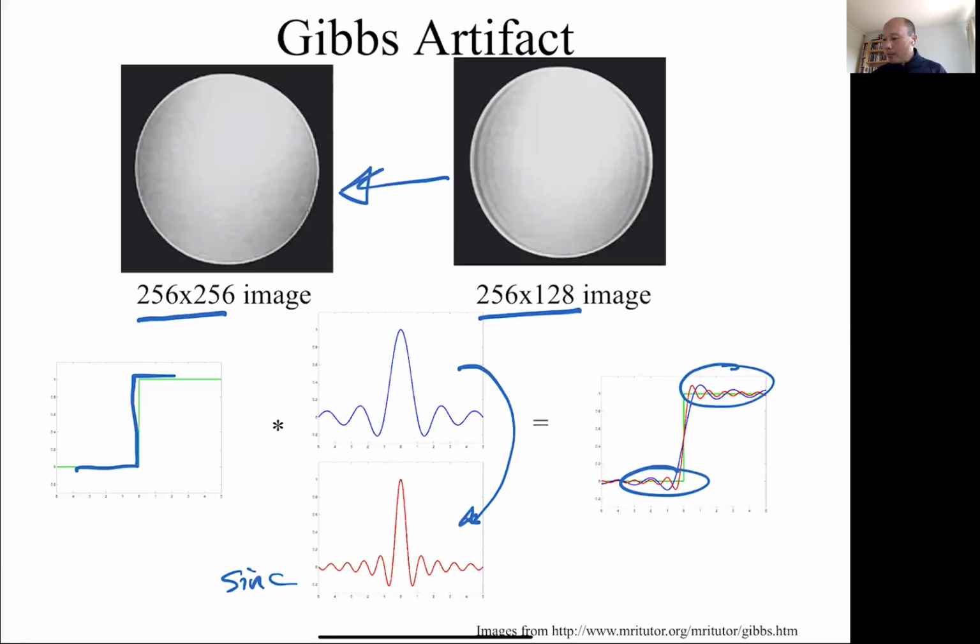You notice that the ripples are now much faster in the high resolution image. So one way we can deal with these ripples is simply to go out farther in k-space, have a higher resolution image, and reduce those ripples. Now, the trade-off is you typically have to scan longer, so there's a trade-off in terms of time versus image quality.